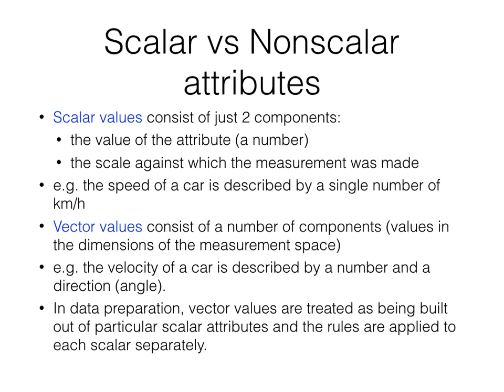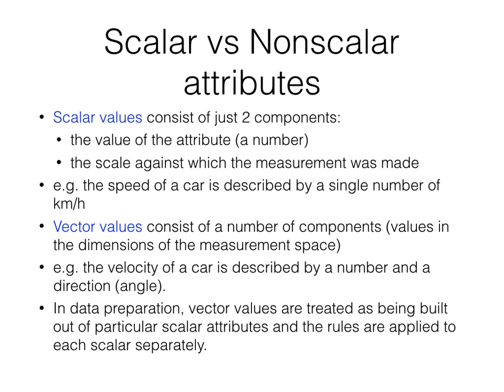So we can contrast that scalar with vector. With a vector, we have a number of components. So there's a whole lot of different values with their measurements. So for example, we can say the velocity of a car is described by some number and a direction. So there's the direction it's going plus the number.